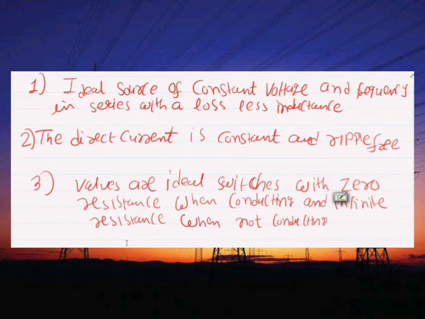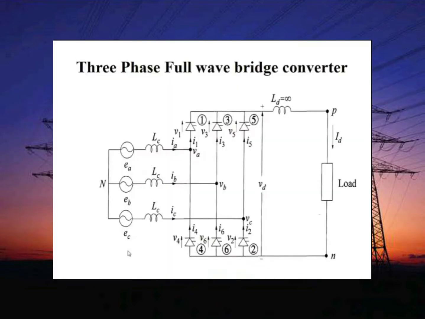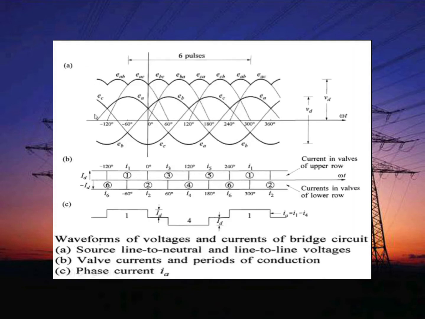Now we start the analysis of the three-phase bridge rectifier. This is the basic waveform of the three-phase bridge rectifier. This one is your A phase. This is your B phase, which is 120 degrees delayed, and this is your C phase, which is also 120 degrees delayed.